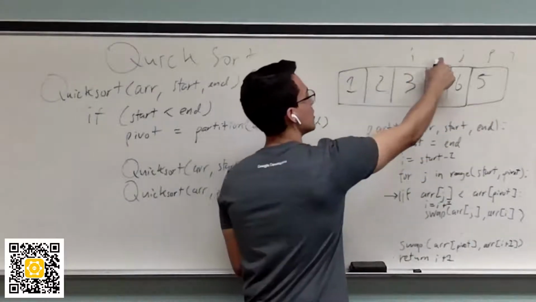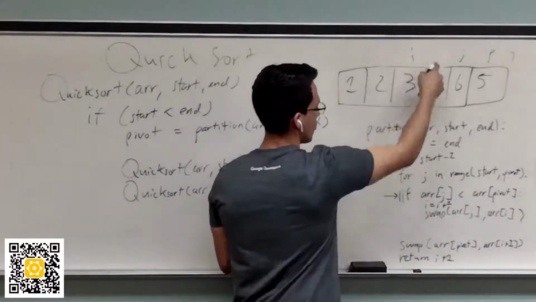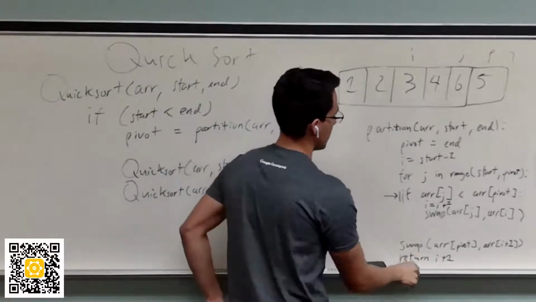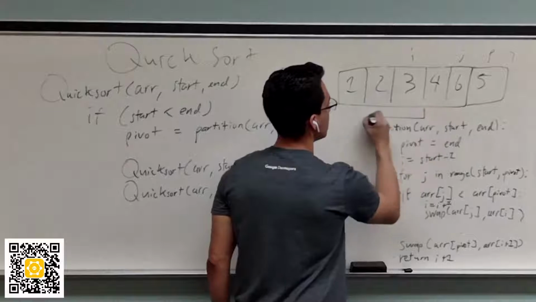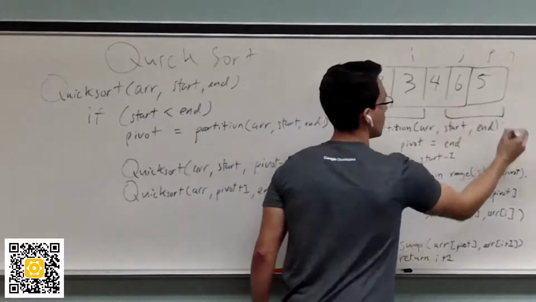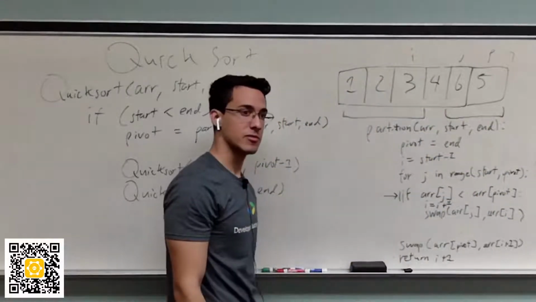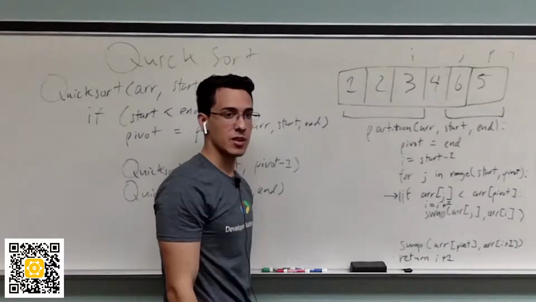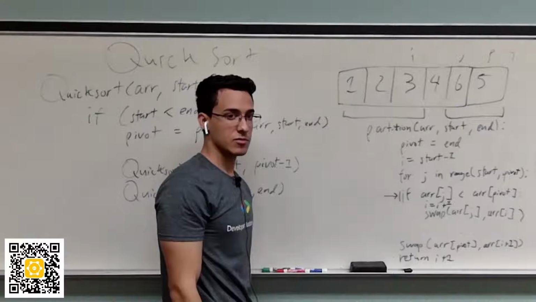And then we return whatever this is, which is I plus 1, at the bottom. All right? So in a way, when you cut it up, doesn't it look like it was cut in half? Do you kind of see that? Because we know the 4 is supposed to be there.